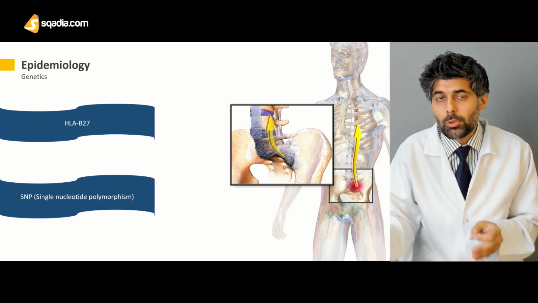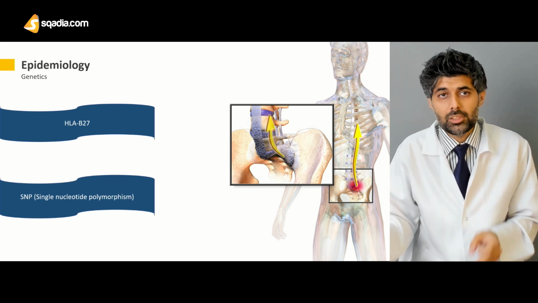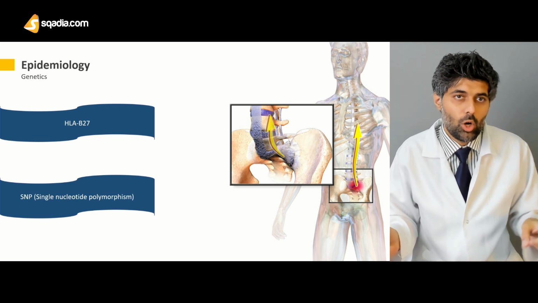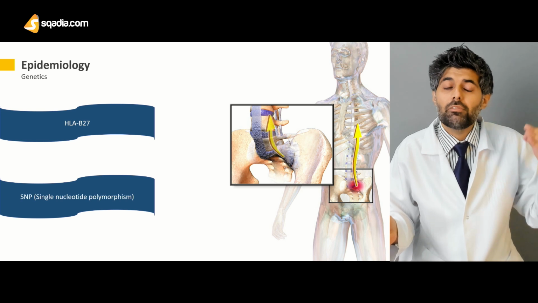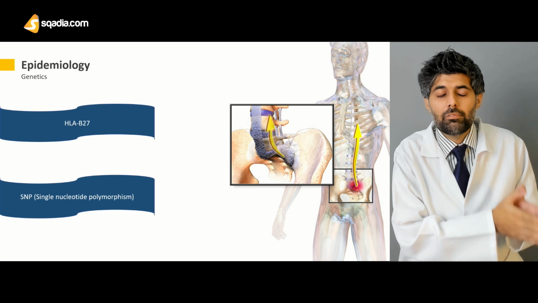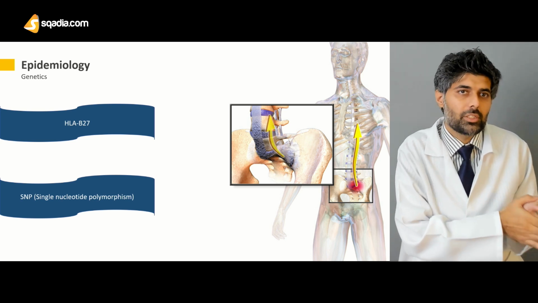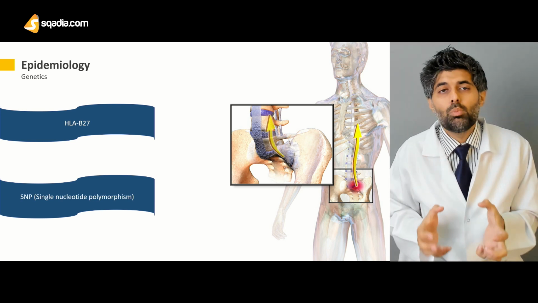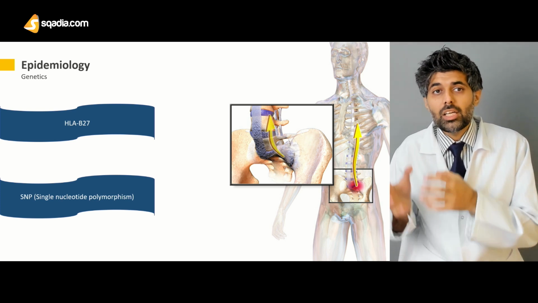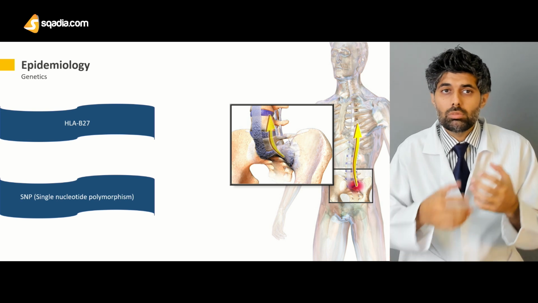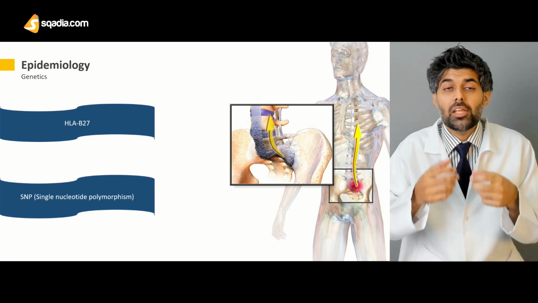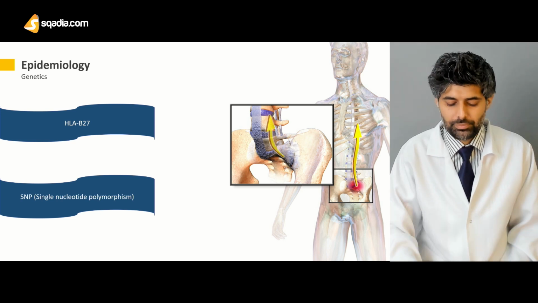If one twin develops ankylosing spondylitis, the other one has about a 65% chance, or 65 in 100 chance, that they will have ankylosing spondylitis. So that's how important the genetics of HLA is in understanding the disease, diagnosing the disease, and treating the disease.